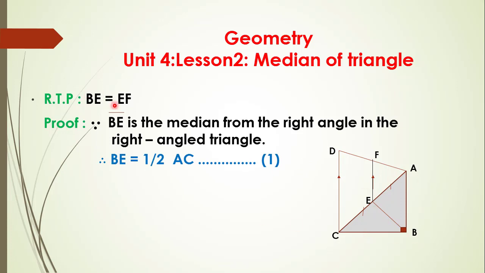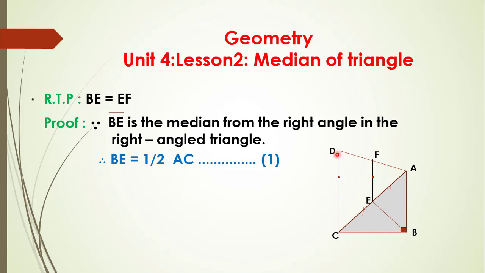Okay, what about EF here? Here we have another triangle, ACD. In this triangle, we have a line segment. The starting point of this line segment is the midpoint of a side of this triangle, and this line segment is parallel to the third side.